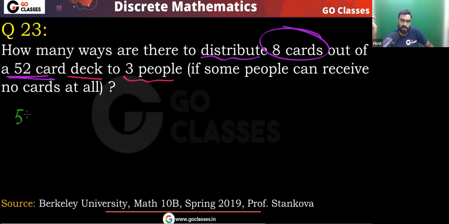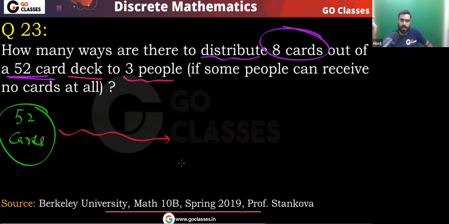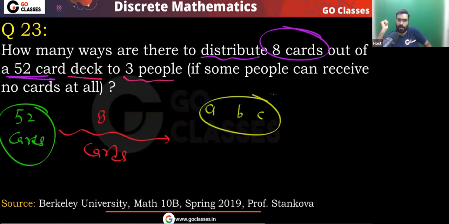There is a total 52 card deck. From this deck, you only want 8 cards. How many do I want to distribute to these 3 people? There are 3 people, A, B, C.